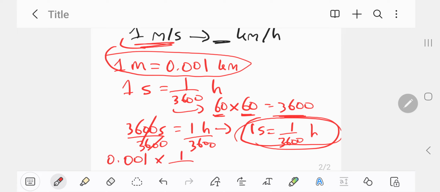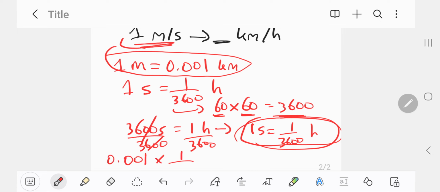So that being said, let's do some more practice. Example number 2. A cyclist travels 10 kilometers in 30 minutes. What's their speed in kilometers per hour?